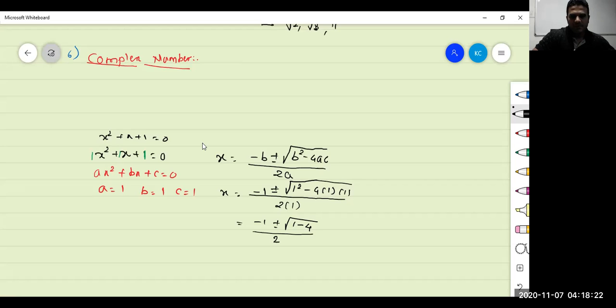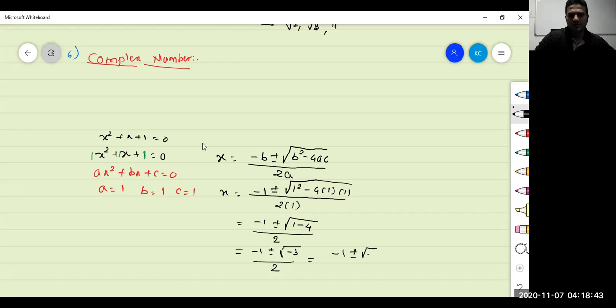In this case, we will see here plus or minus root of 1 minus 4 is minus 3, divided by 2.